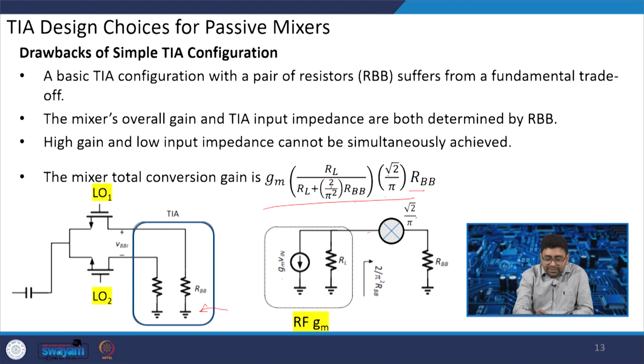This voltage is nothing but RL divided by RL plus 2 by pi square into RBB, which we can consider as ZPP. So, this is the total mixer conversion gain.